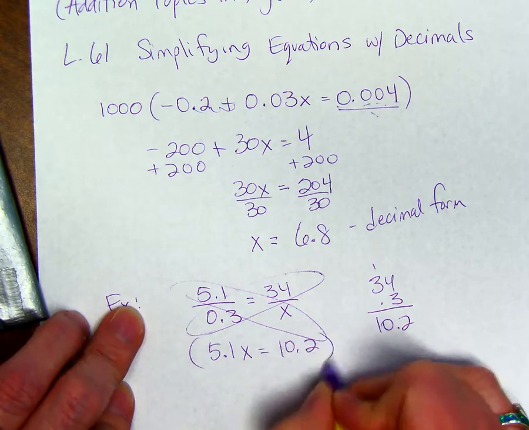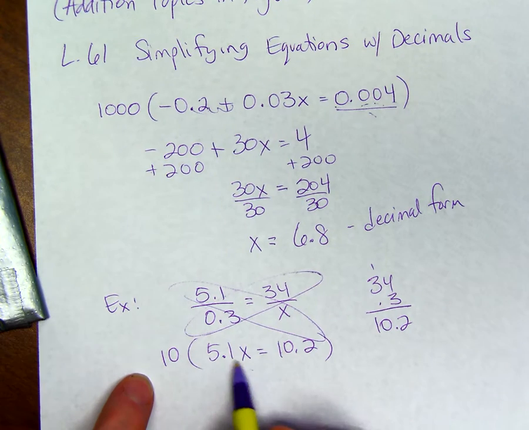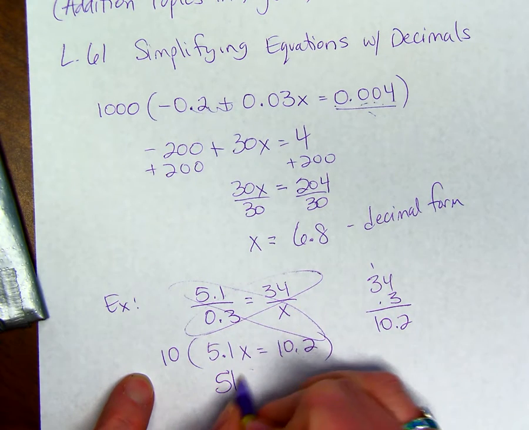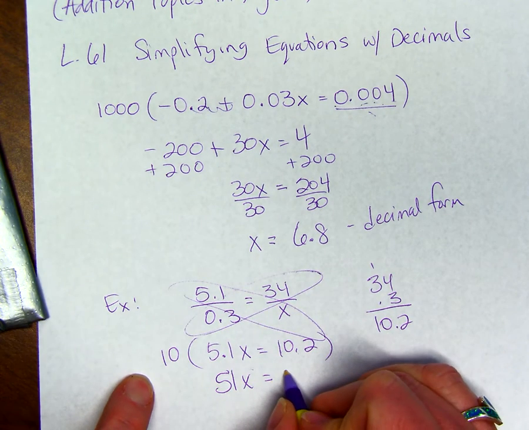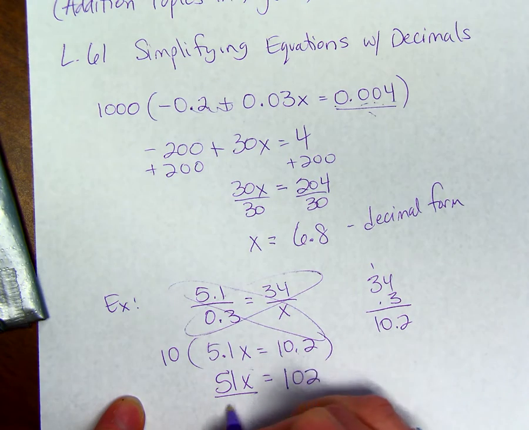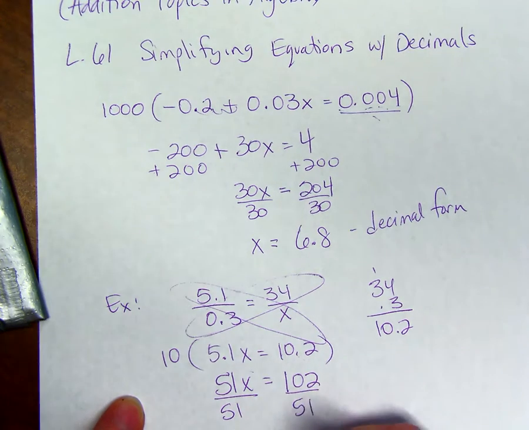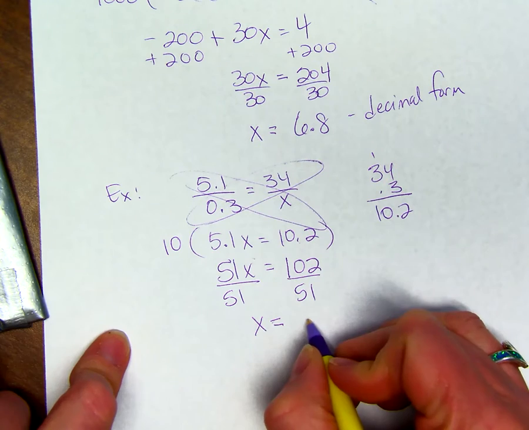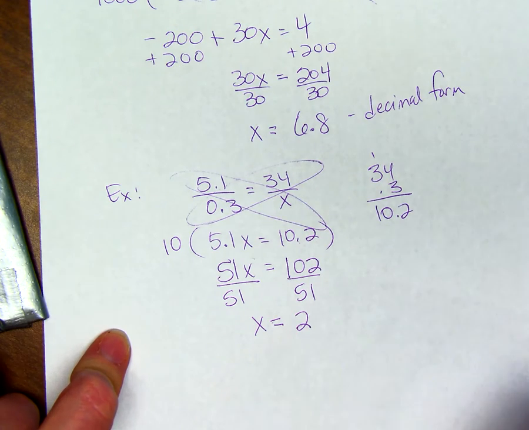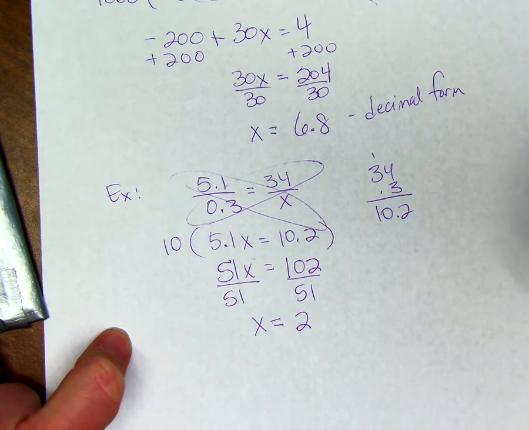We can multiply everything by 10. That's going to get rid of the decimal. We just move it over once, so 51x equals 102. Divide by 51 to get x all by itself, and x equals 2. And that's the end of the ATIA lesson 61.